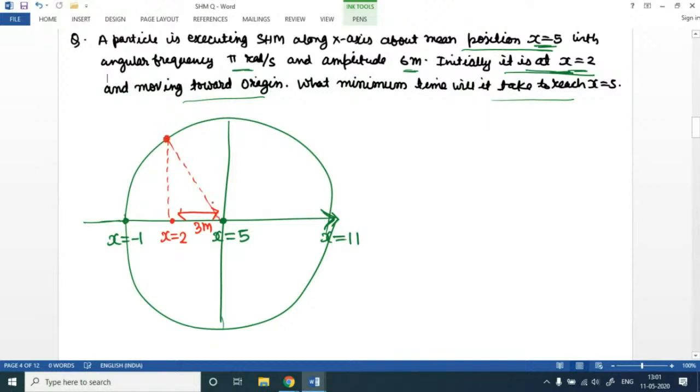Okay, so this angle, you should realize, is pi by 6. Initially it is moving towards the origin. Origin would be somewhere here, so it is moving in this direction.